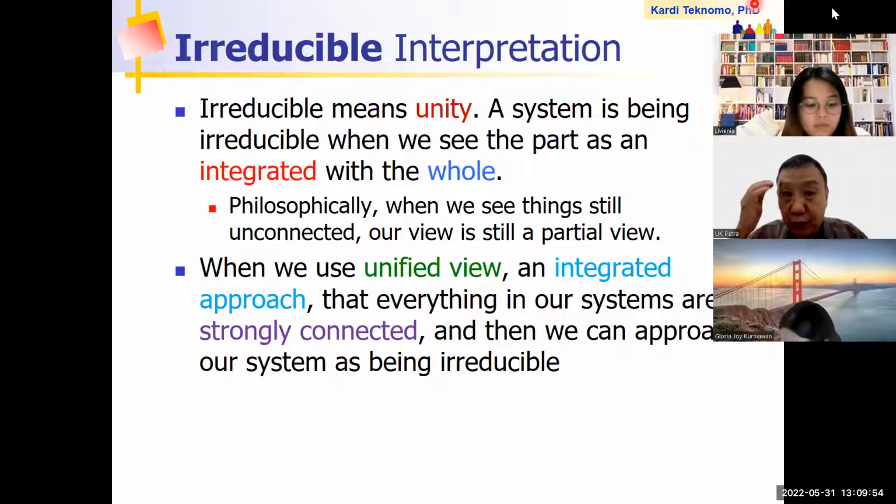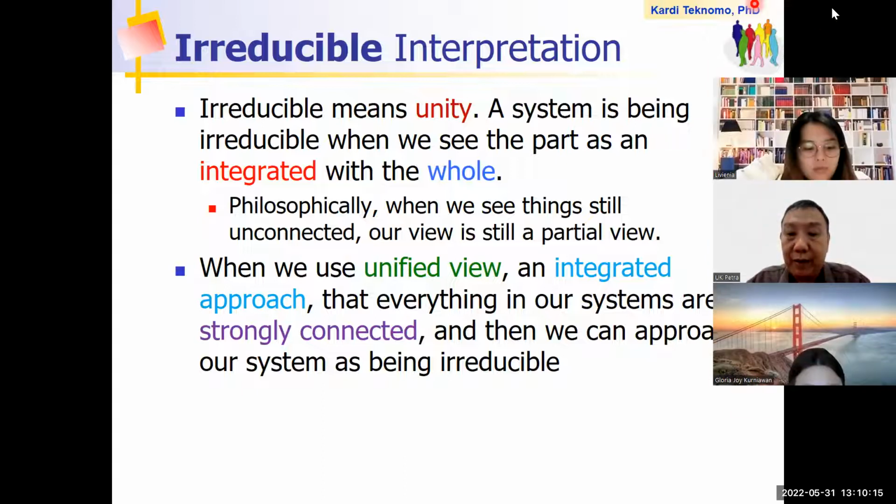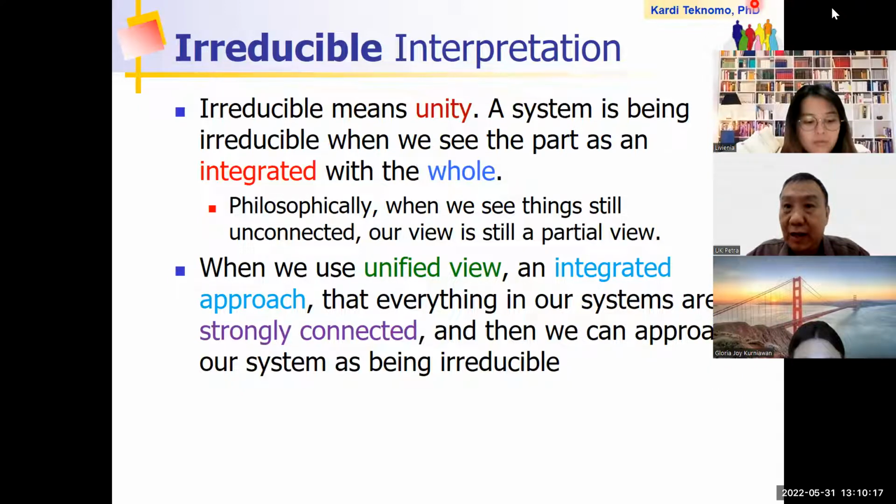Philosophically, when you still see things as unconnected, that means your view is still a partial view. When you use a unified view, an integrated approach, everything in our system is strongly connected. Then with that kind of system, you can say this is irreducible.